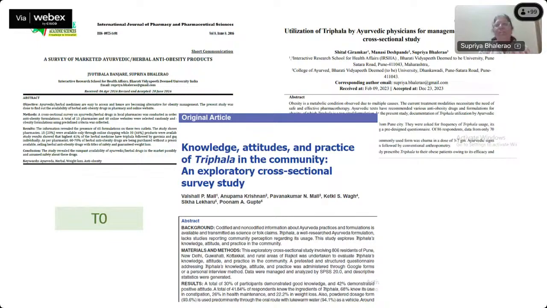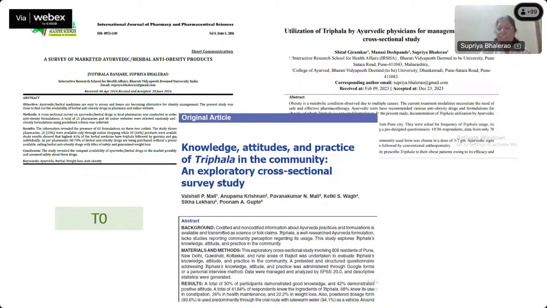Then we studied the utilization of Triphala by Ayurvedic physicians for management of obesity, asking how many Ayurvedic physicians use Triphala for management of obesity. We also did a study in the community to show the knowledge, attitudes, and practice of Triphala in the community.